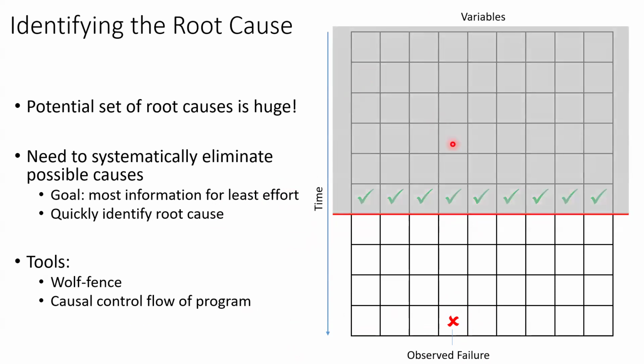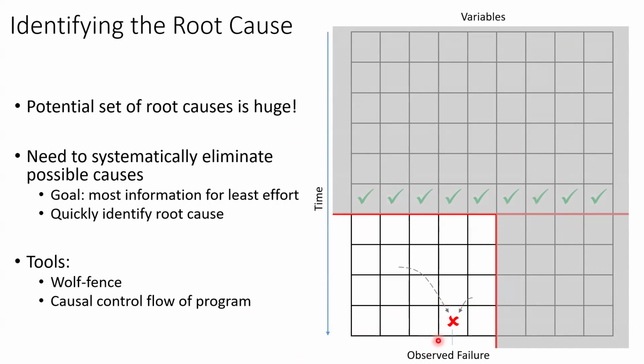So we eliminate that space. Then we put another fence to eliminate those variables that are not involved. Then we can look at the causes for this observed failure in the program execution time.